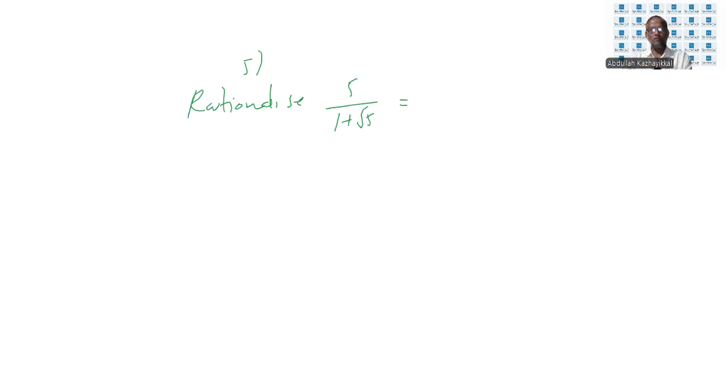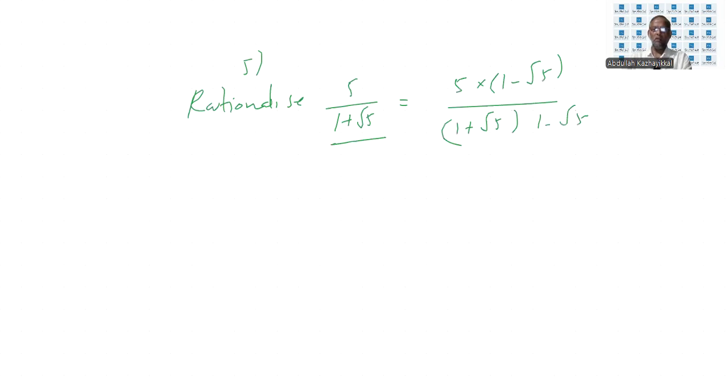Instead, can I multiply by the conjugate? The denominator is 1 plus root 5. So we can do 5 into 1 minus root 5, that is the conjugate, by 1 plus root 5 into 1 minus root 5.